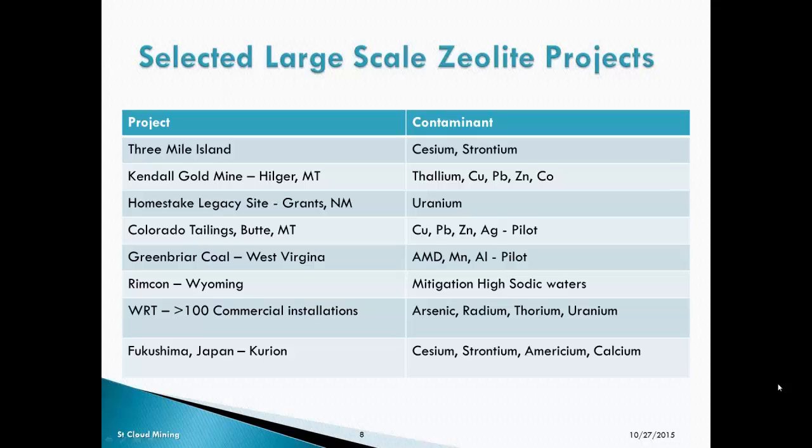And then finally, the big project that started in 2011 with us and the partner company Curion, we removed cesium, strontium, americium, calcium using zeolites on the treatment. Primarily, the target was cesium. And the material that Curion supplied did a lot of the early heavy lifting on the removal of contaminants from the effluent streams outside.